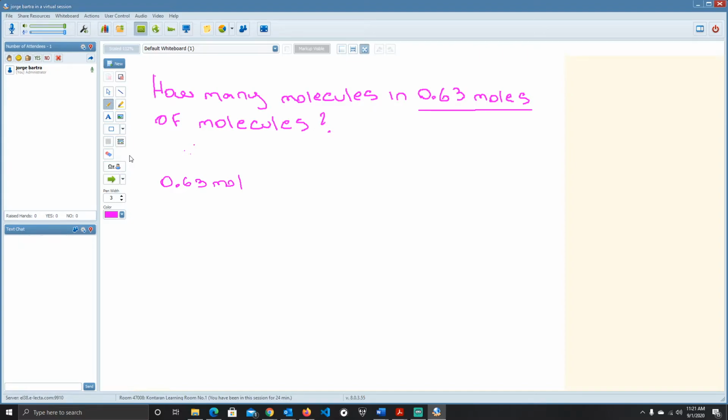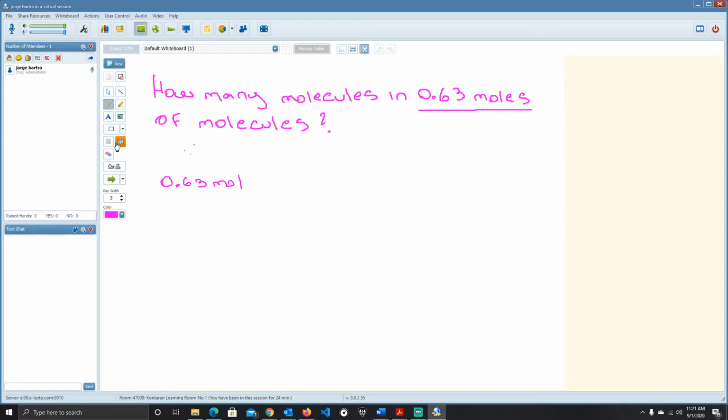So question, if we're going from moles into molecules, what do you think you could use as a direct conversion? Do we have a direct conversion? The answer is yes. What will be that conversion? Well, we understand that 1 mole can be 6.022 times 10 to the 23 of anything, right?